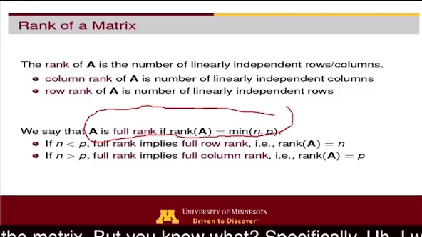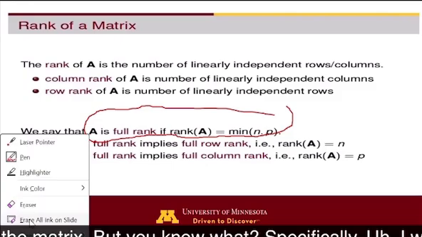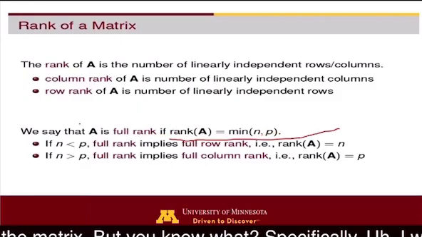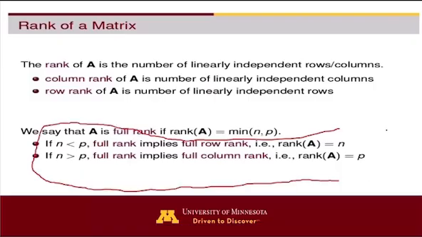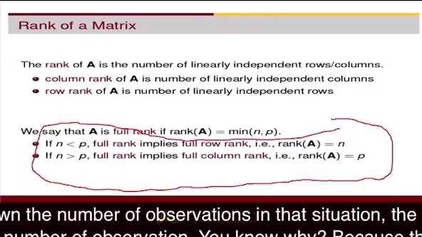Specifically, I want to talk about when we are going to have the number of observations be the row rank. That is a situation where the number of observations is less than the number of features, which is high-dimensional data. In high-dimensional data, the number of features is more than the number of observations.